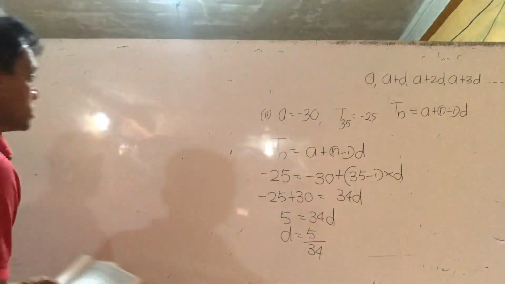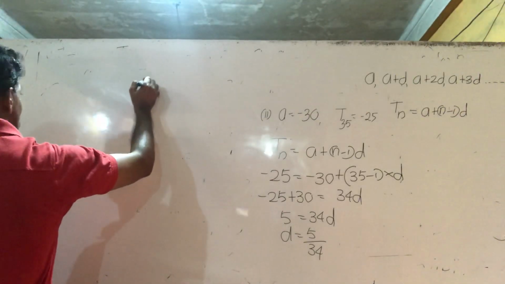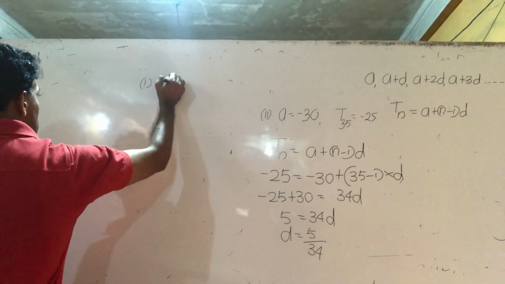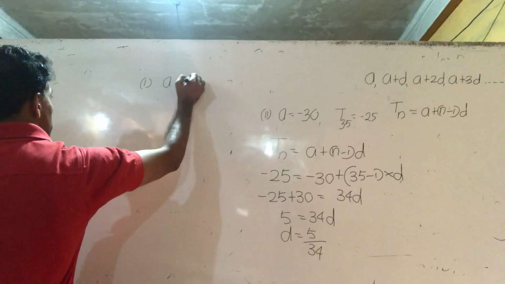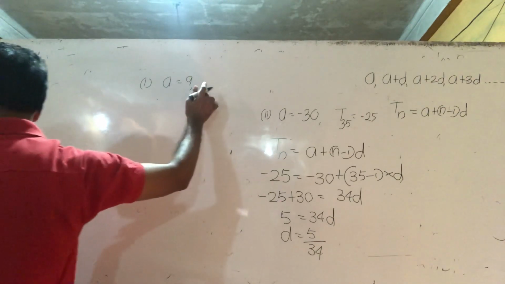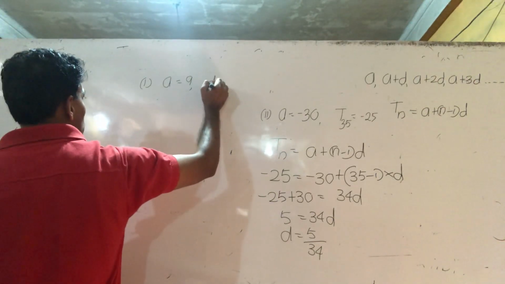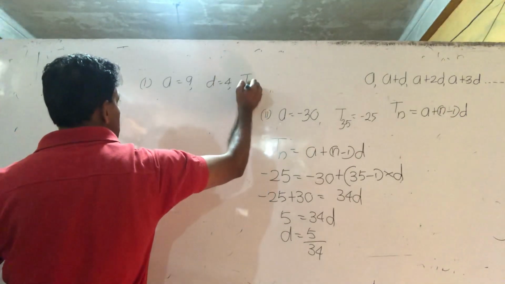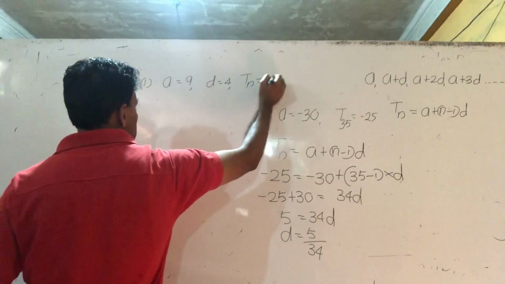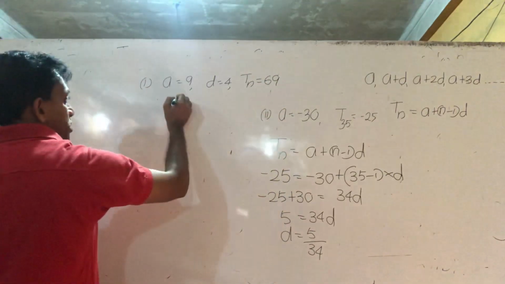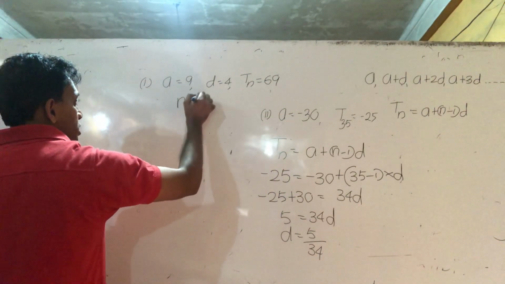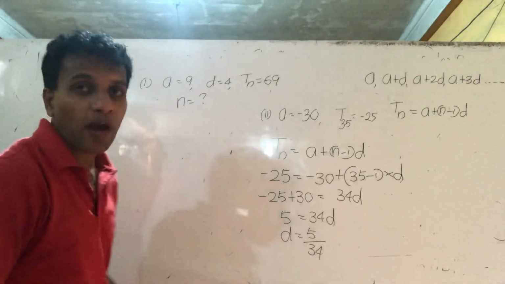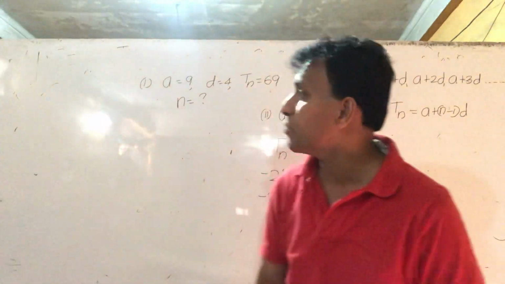See the first question. First term A is 9, D equals 4, nth term is 69. So what is the question? Find the number of terms, the N value.